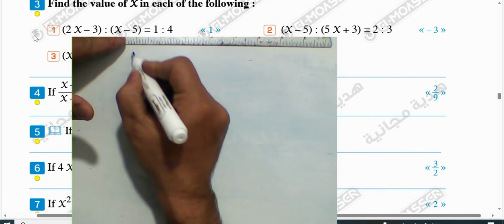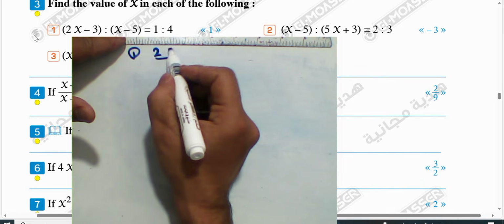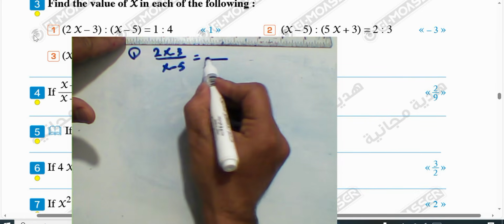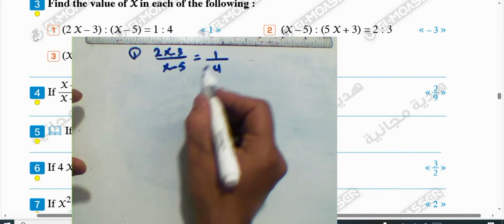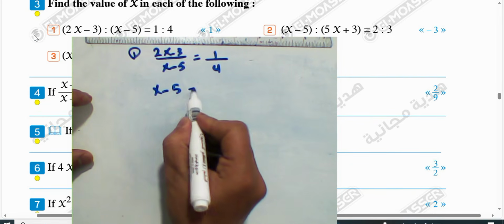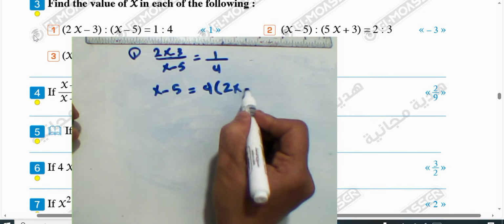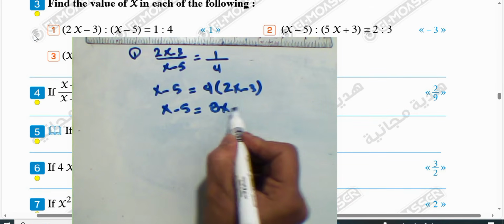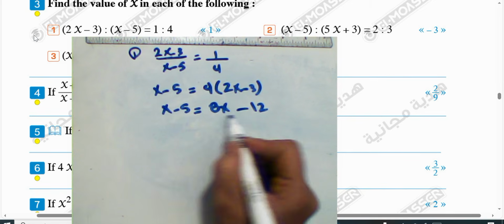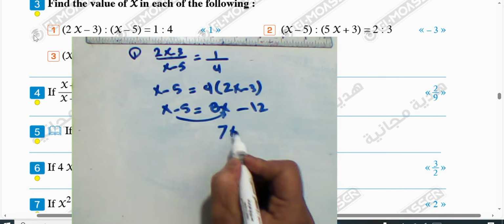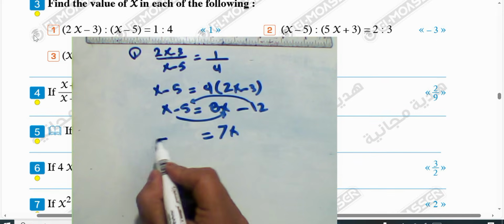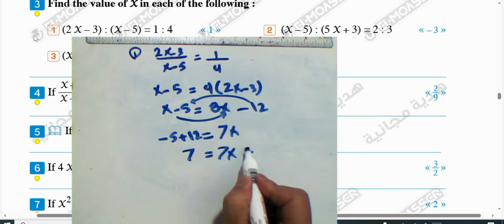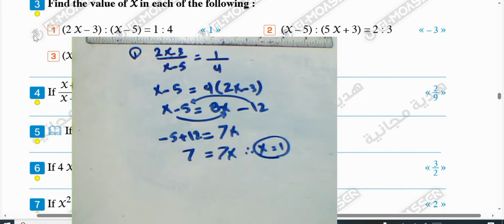First question, we have the ratio 2x minus 3 over x minus 5 equal to 1 over 4. 1 multiplied by x minus 5 equals 4 multiplied by 2x minus 3. 4 times 2 equals 8, 8x, 3 times 4 equals 12. 8x minus x is 7x, and negative 12 moved here will be negative 5 plus 12, 7 equals 7x, then the value of x here equals 1.